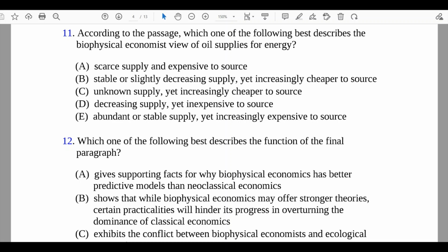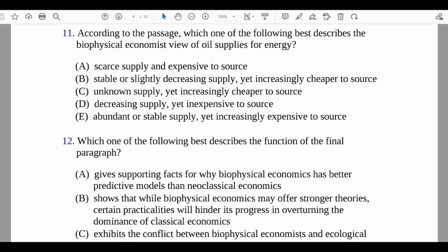D option, decreasing supply, yet inexpensive to source. And the last option E, abundant or stable supply, yet increasingly expensive to source. Actually, here it is. The obvious correct option is E, abundant or stable supply, yet increasingly expensive to source.